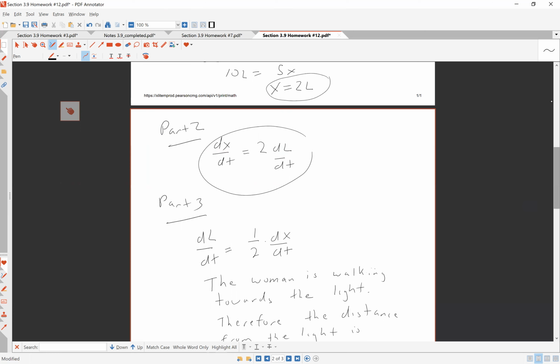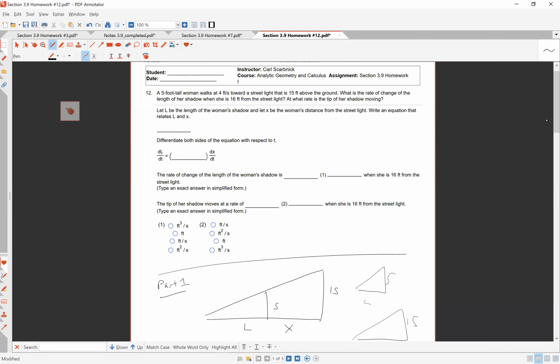Okay, so now let's see here. What we're trying to find is the rate of change of the length of her shadow when she is 16 feet from the streetlight, given that she's walking at 4 feet per second. These problems in the homework step you through this to make it a little bit easier. Normally, like if you were taking a test in class, you don't necessarily have all these steps.